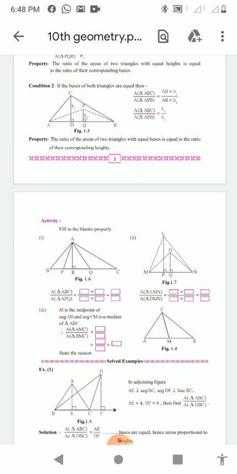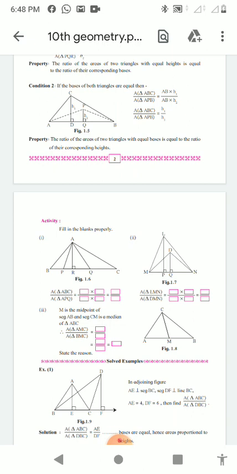If CM is the median, it will divide segment AB into two equal parts, which means whatever the value of AM is, it is equal to MB, or we can say AM equal to MB. You can put either AM equal to MB or MB equal to AM. So you will get MB upon MB, or AM upon AM, whichever condition you are using, and you will get the answer as 1.